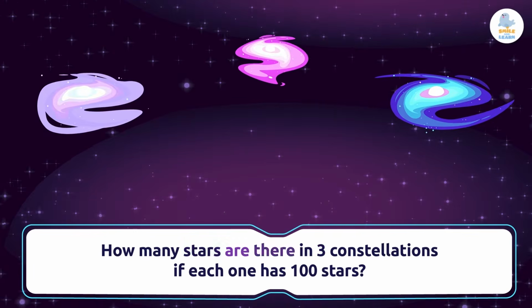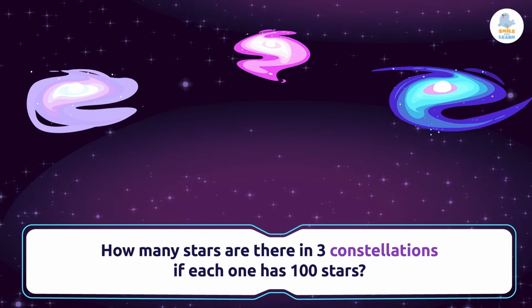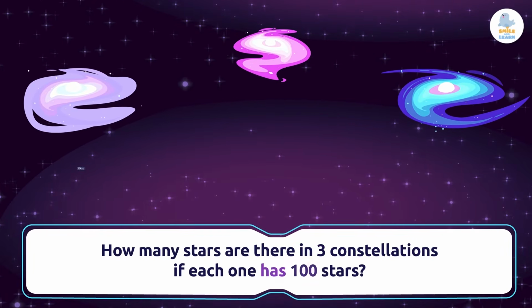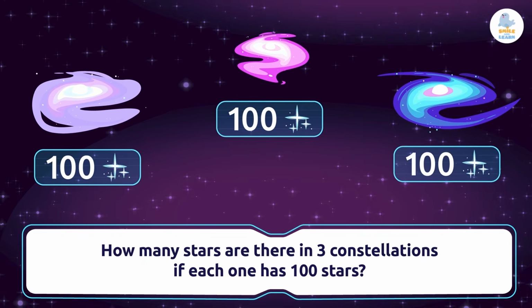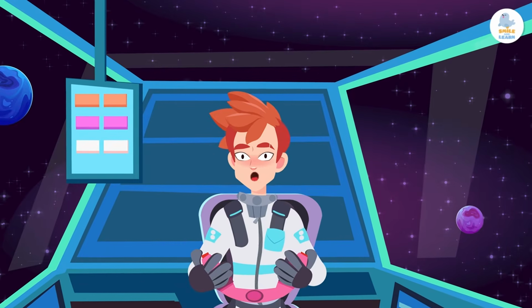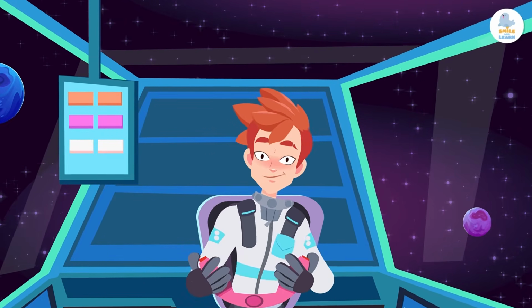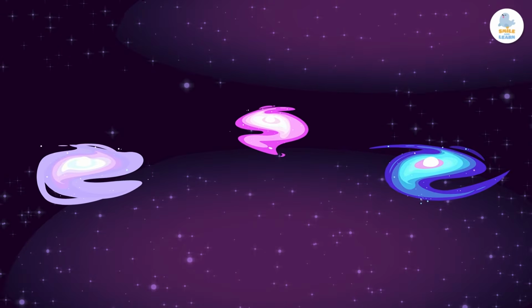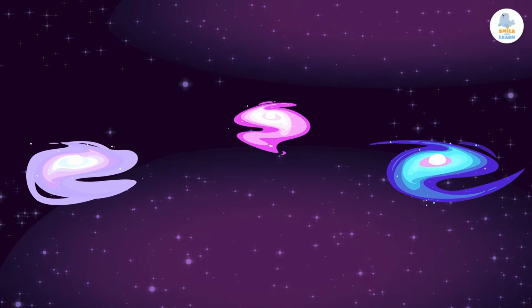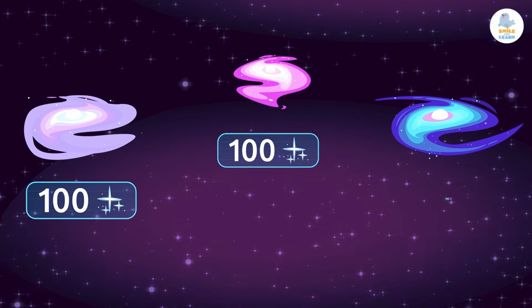How many stars are there in 3 constellations if each one has 100 stars? Do you dare multiply by 100? Imagine that in this universe there are 3 constellations and each one has 100 stars.